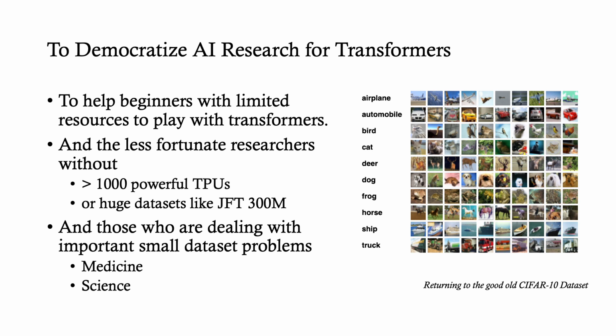It has only 60,000 images with a resolution of 32 by 32. On this dataset, the numerical results are still meaningful for research, but the scale is small enough so that a regular person can reproduce the approach and play with it even with limited resources.